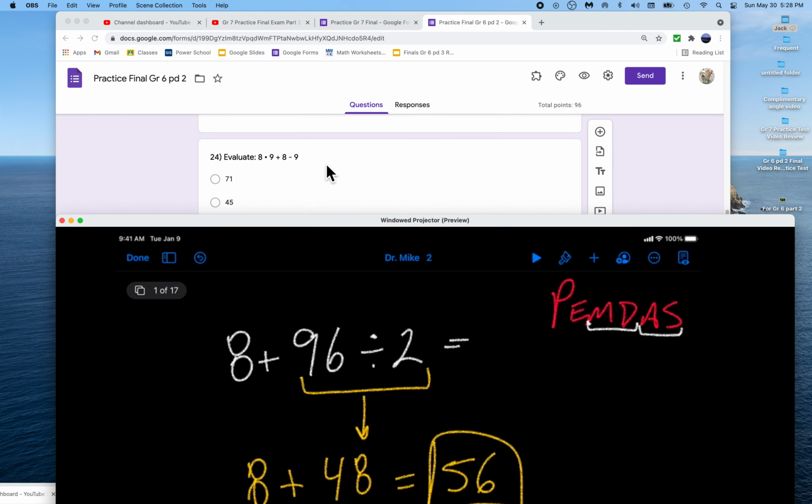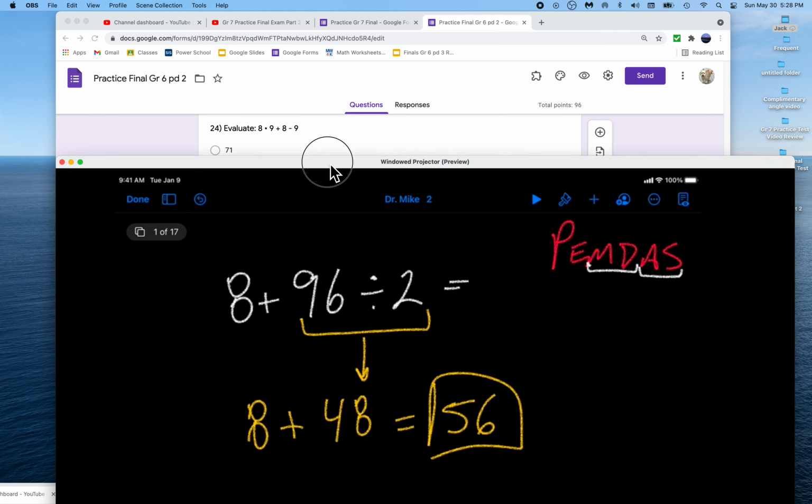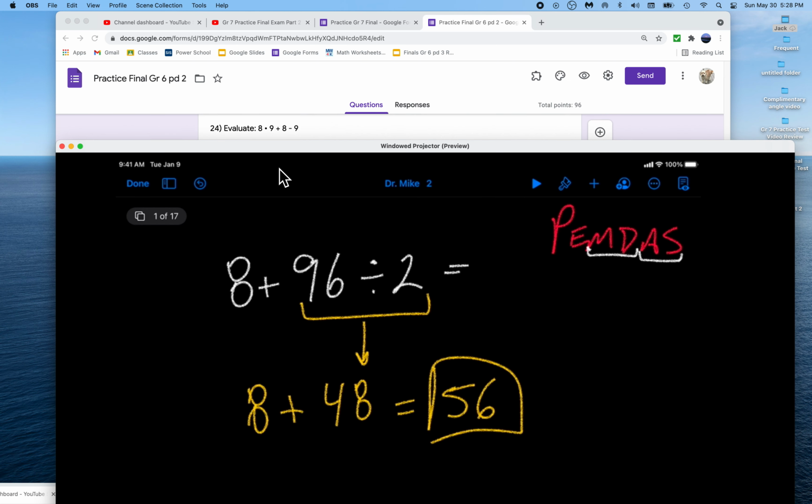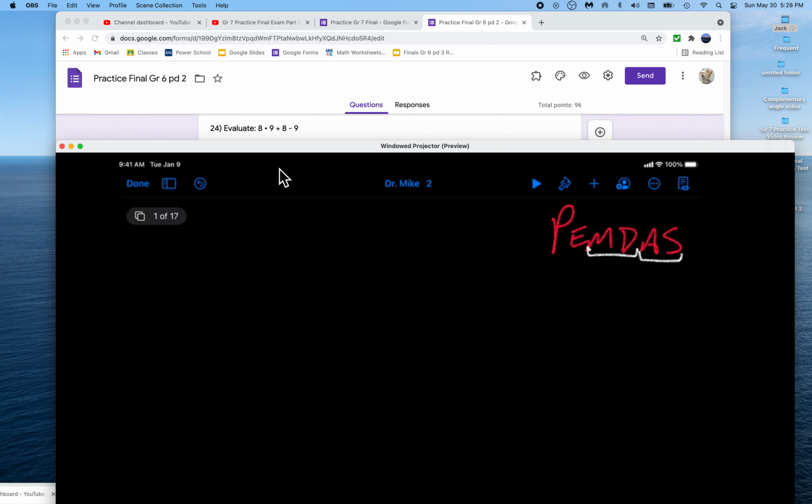Next one, 24. Okay, another order of operations. Here we have 8 times 9 plus 8 minus 9. Okay, so we're going to do multiplication first. 72.